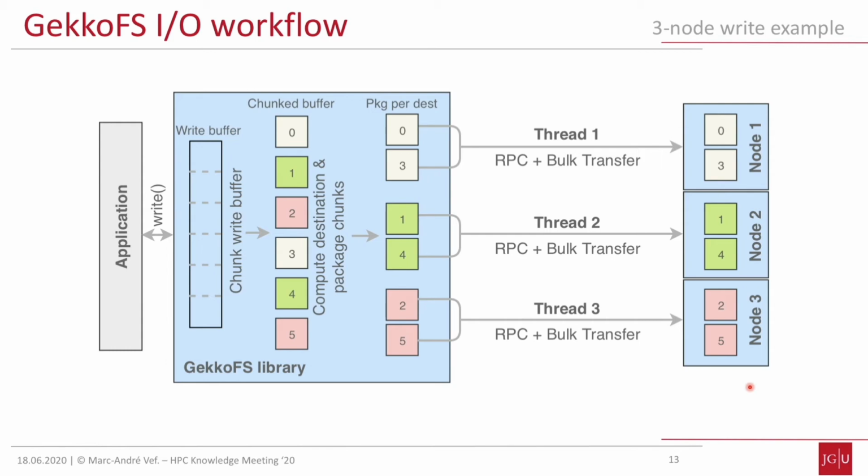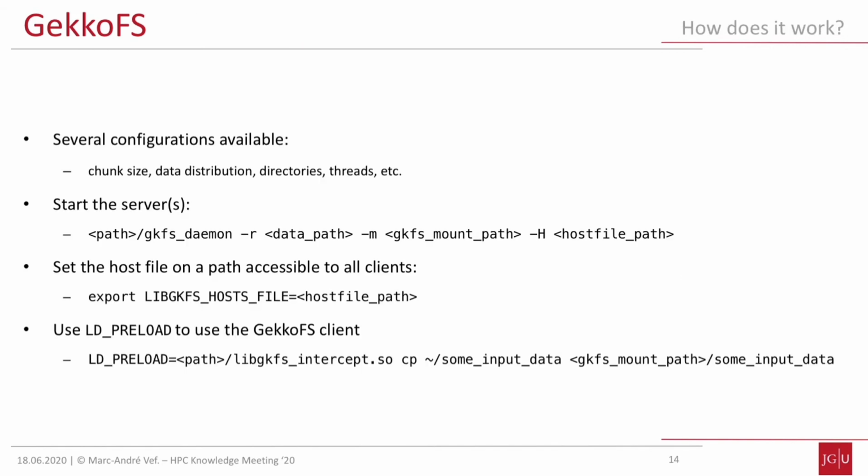So you could already see how a configuration of the chunk size could change for your application how much the data is distributed. So changing the chunk size is one of the configurations that we have to tune the file system to your applications, but you also have several other configurations available, such as changing the data distribution or how a directory is handled within the file system.